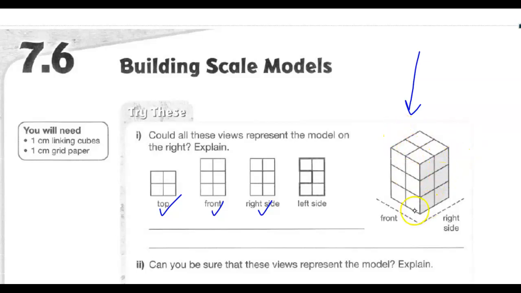It looks like it's solid all the way, but there could be a missing block, obviously not at the top, but in the second row or even on the first row. And then this side, because this is all solid here, these 3 here, and there's a top and a bottom, there could be that middle one missing. So yes, they could.